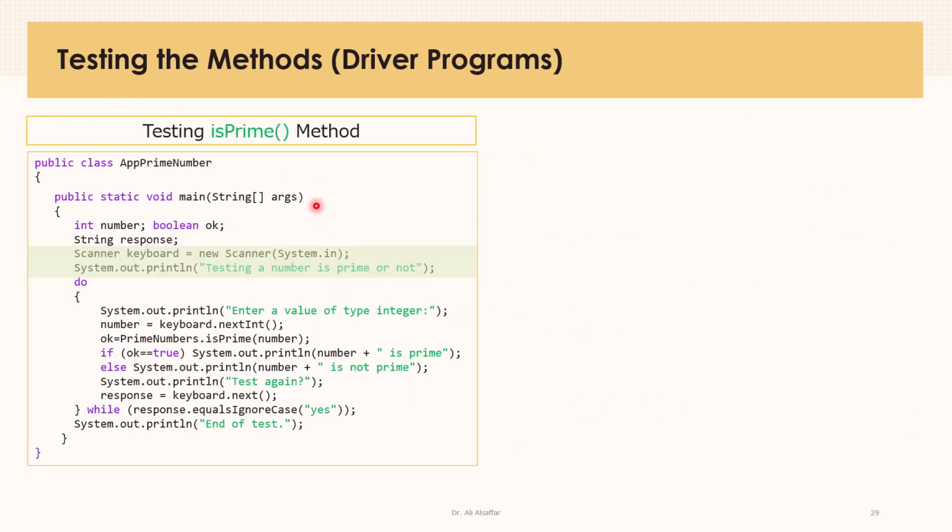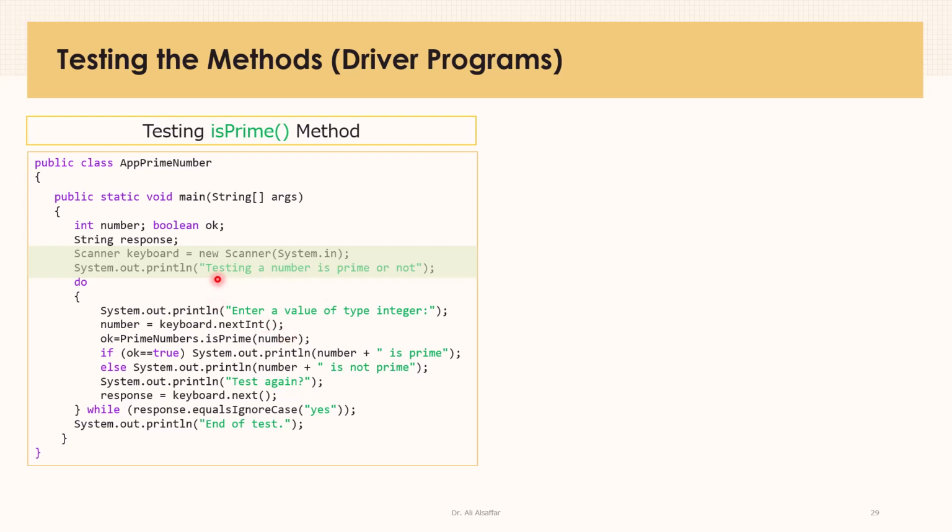The first driver program is for testing the first method, isPrime. If you want to write a driver program for a method, then you need to test this method on multiple inputs. Therefore, we are going to create a loop that repeatedly asks the user for an integer, and this integer is given to the method, and we check the return value from this method.